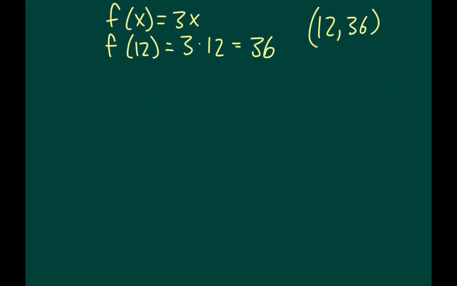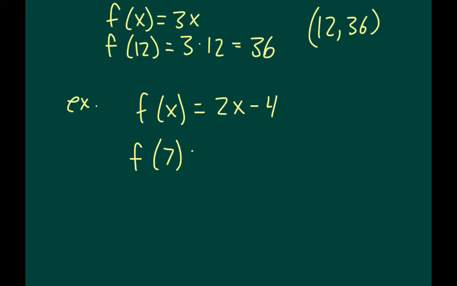And like I said before, there's not really anything special about that equation, you could get a totally different one. So example 2, but maybe now they'll say, alright, f of x is now going to be 2x minus 4. And if they say, find f of x when x is 7, or if they go on and just say, find f of 7, you do that same exact thing as before, your x is really just 7, so you're going to take your 7 and put it right in there for x.